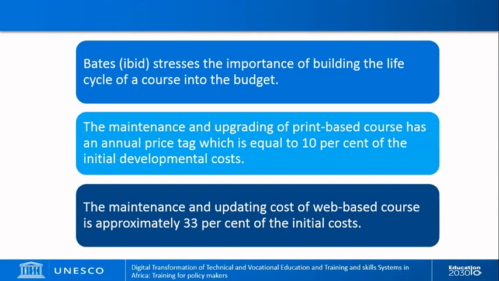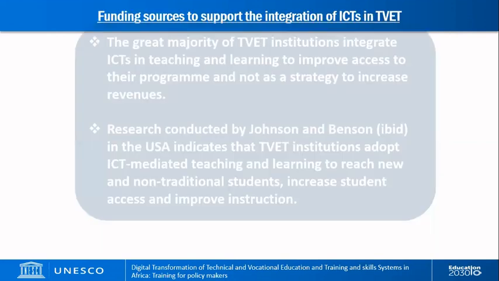The maintenance and upgrading of print-based courses has an annual price tag, which is equal to 10% of the initial development cost. The maintenance and updating cost of web-based courses is approximately 33% of the initial cost. So these are some of the considerations that must be built into the budget also.